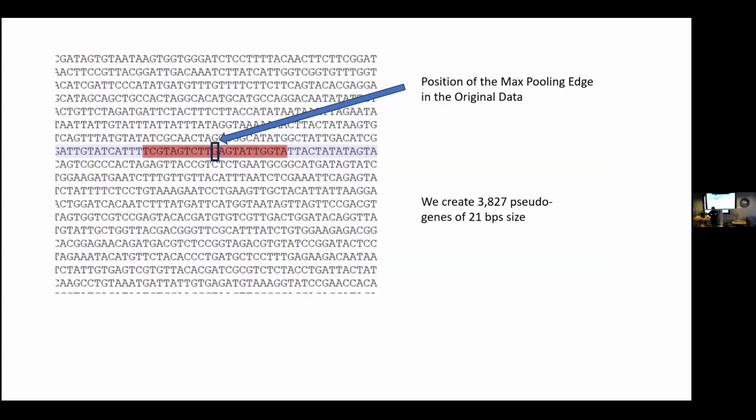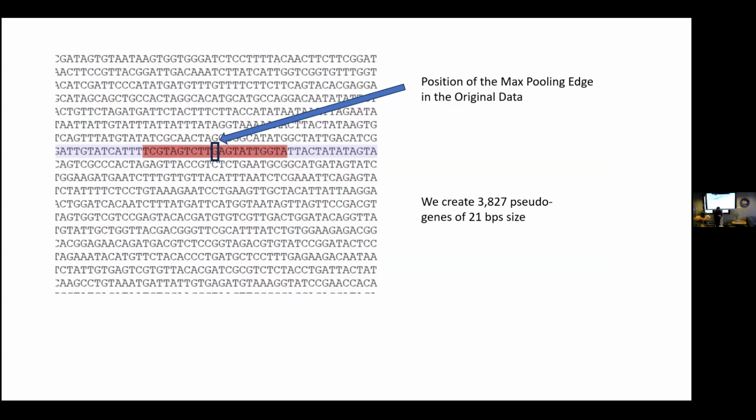This is going a little into trying to explain what the algorithm is doing. If we take only the edge, we get the exact base pair that was detected at the edge. But if we go to the original sequencing file and we take 10 letters before and 10 letters after, we get 21 base pairs that we can use as pseudogenes.